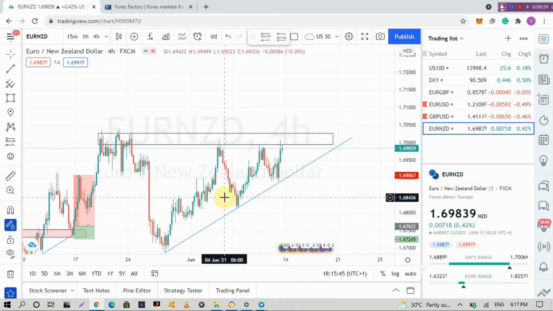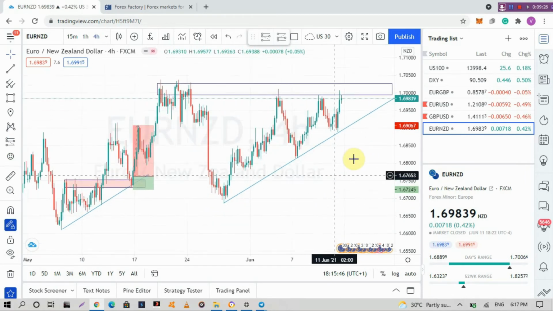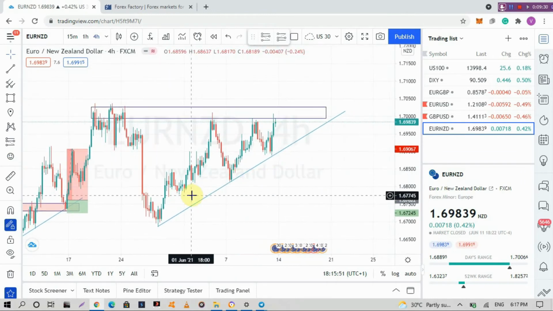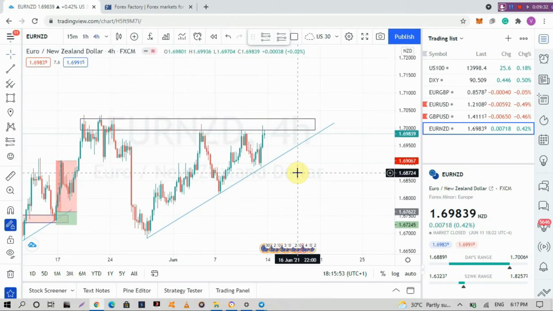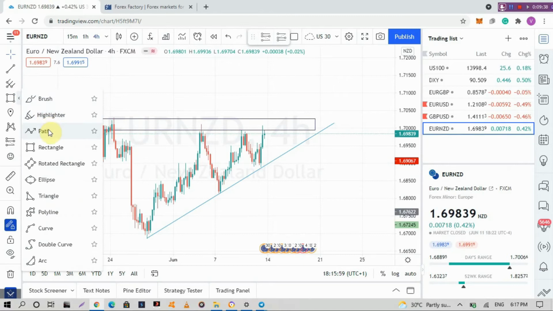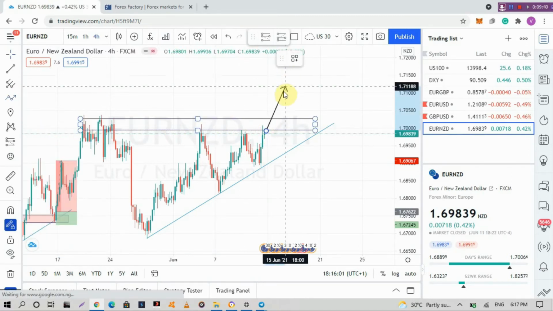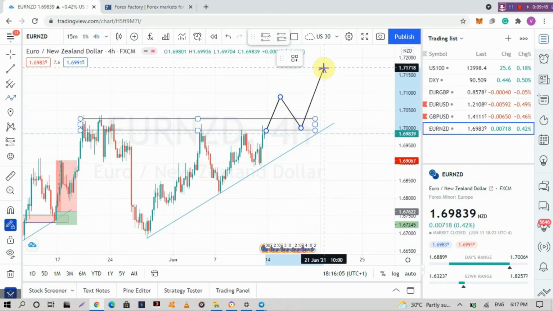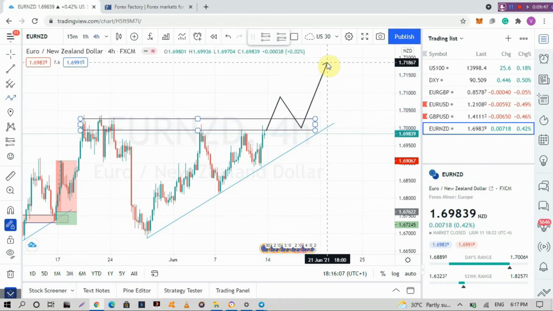But from this trend, we can see that EURNZD has recently been strong, because it's been making higher highs. So I would definitely be favoring a breakout of this ascending triangle. When it breaks out, I would make an entry based on the retest. I'm not an aggressive trader.